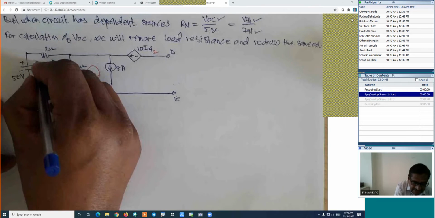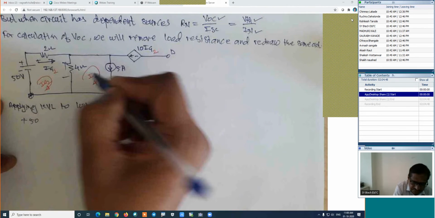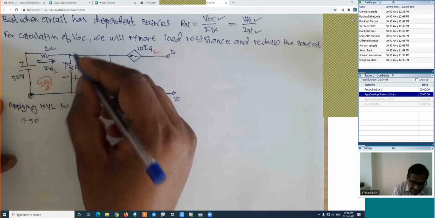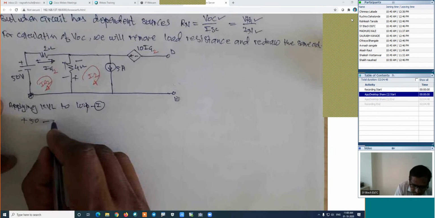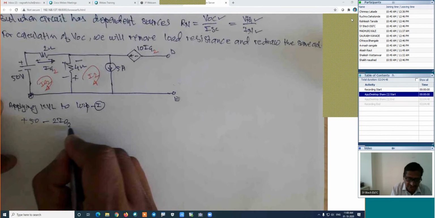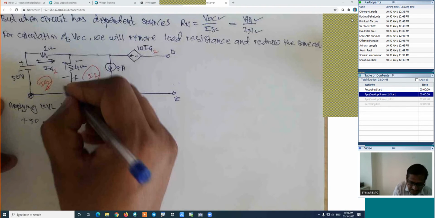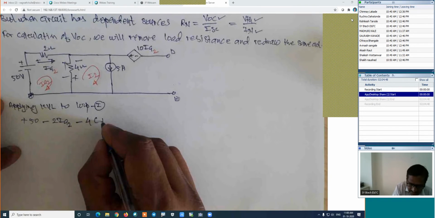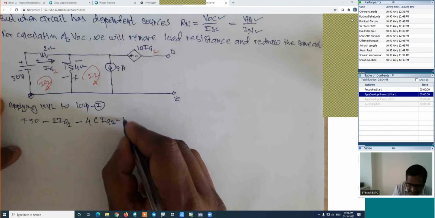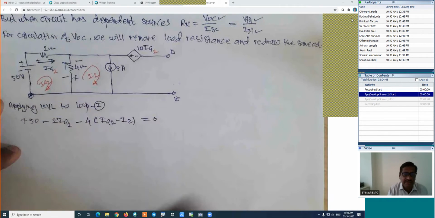Then here it is plus and minus. This is plus and minus again. For loop 2, this will be plus and minus. If we are traveling forward, positive to negative is a minus, so 2 into IA2 will be its potential. Then we are coming down, positive to negative is a minus. Its resistance is 4 and its current will be IA2 minus I2, which is equal to 0. That is the equation.